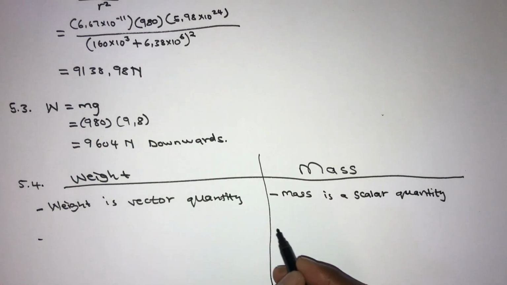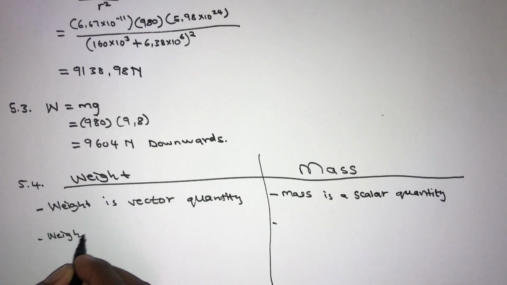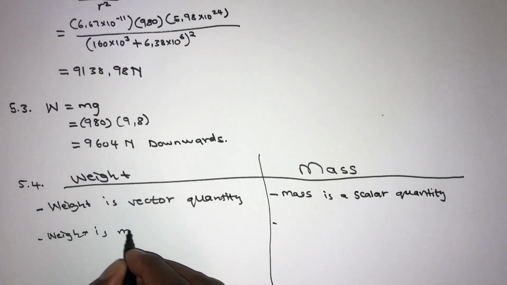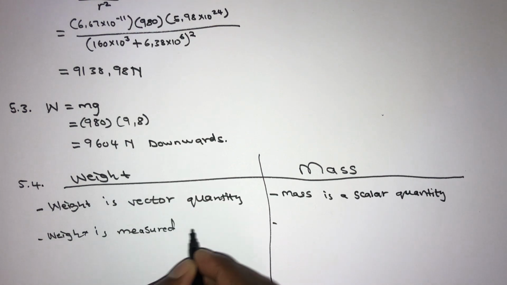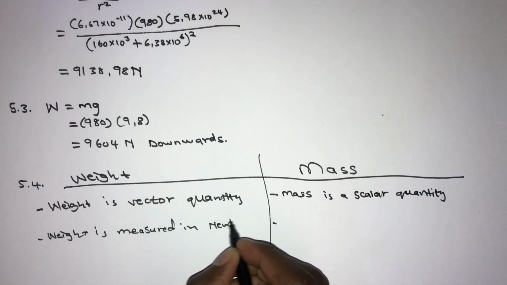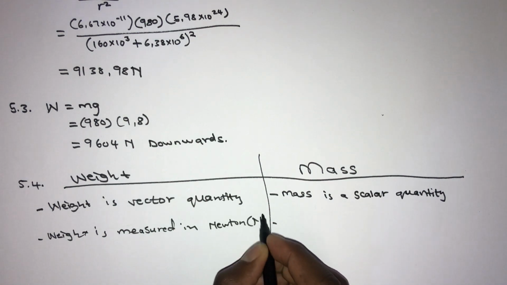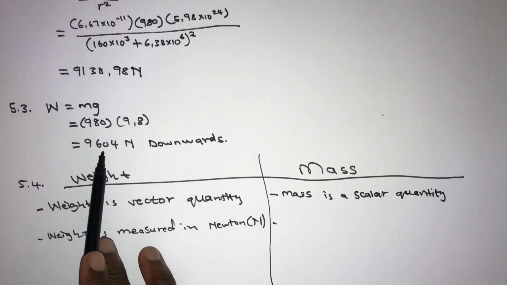So point number 2, we can say weight is measured in Newton. Write capital letter N in brackets. So the unit for weight is Newton.